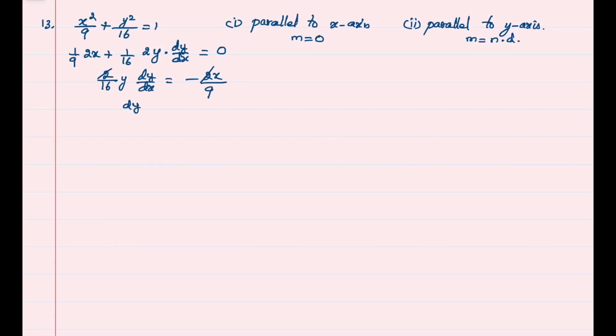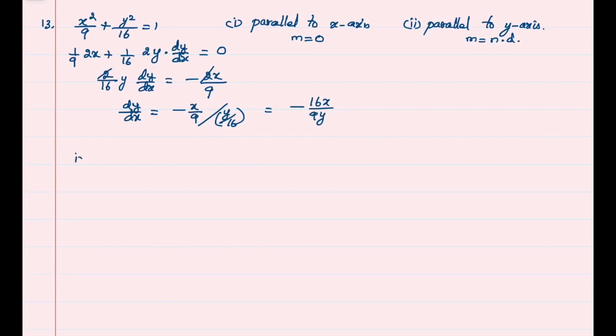Therefore, dy upon dx is minus x divided by 9 over y divided by 16. By writing the reciprocal of the denominator, we get minus 16x over 9y. This is the slope of the tangent.